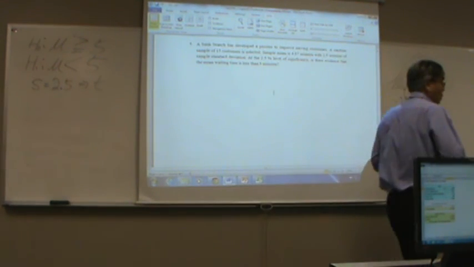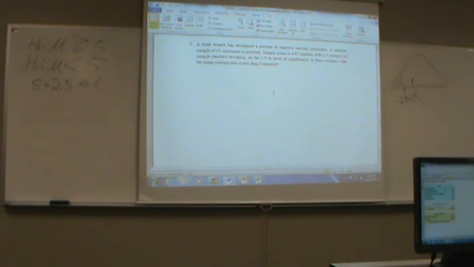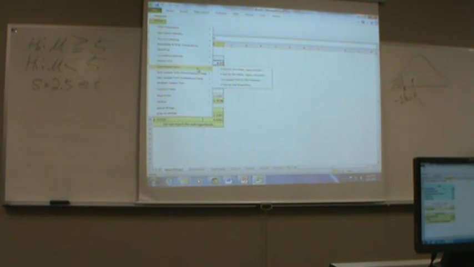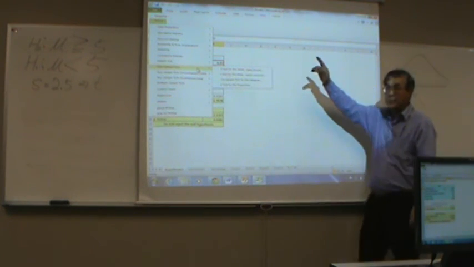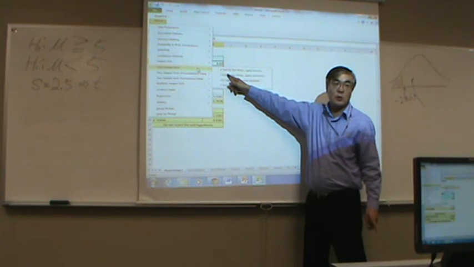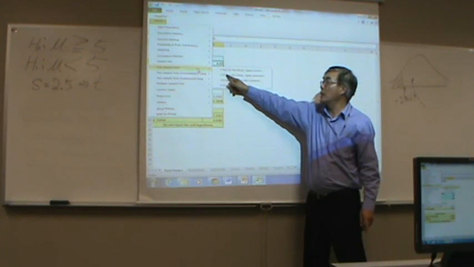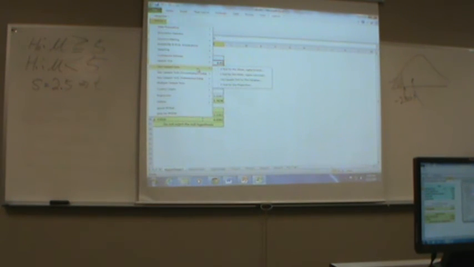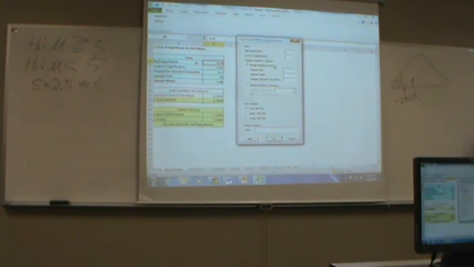Now, open PHStat. One sample test. The first one is Z test, the second one is T test. So click T test. Then the same process.